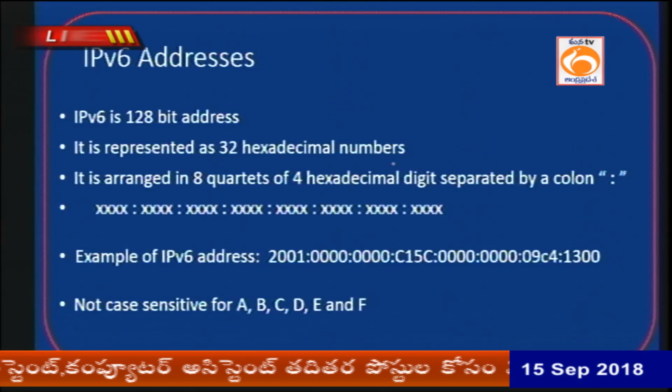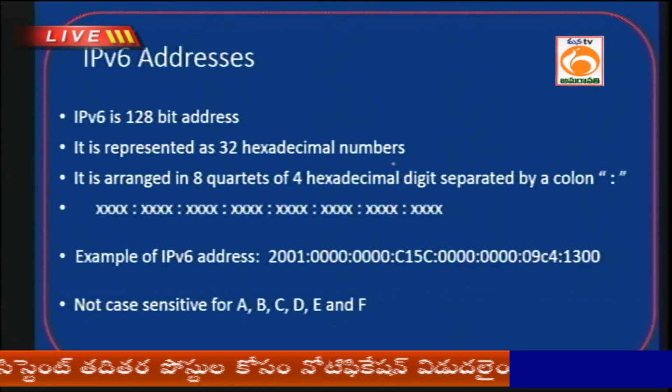And now we have the topic called IPv6. The next discussion is about IPv6. IPv4 is very widely used, commonly used everywhere, but IPv6 was introduced in the year 2000, but the usage is very slow.